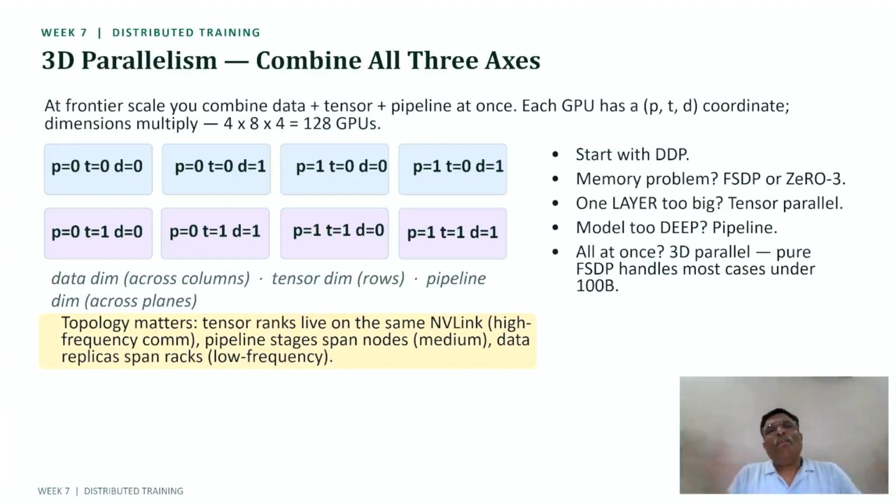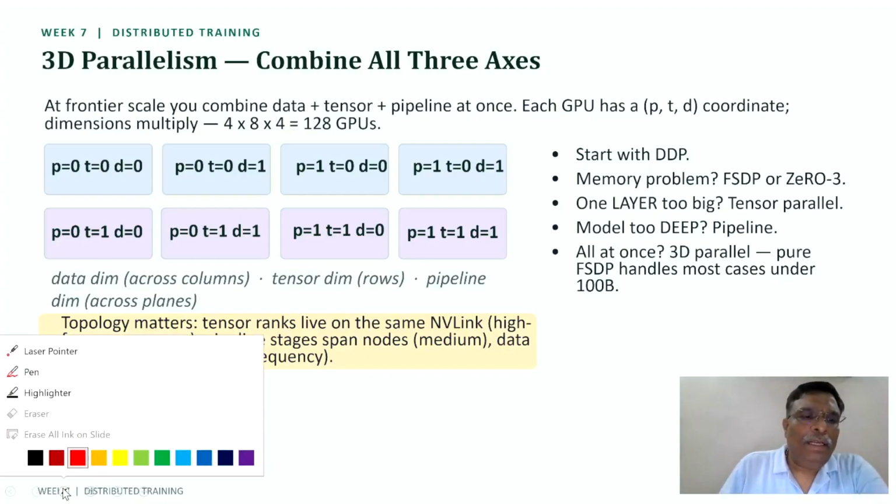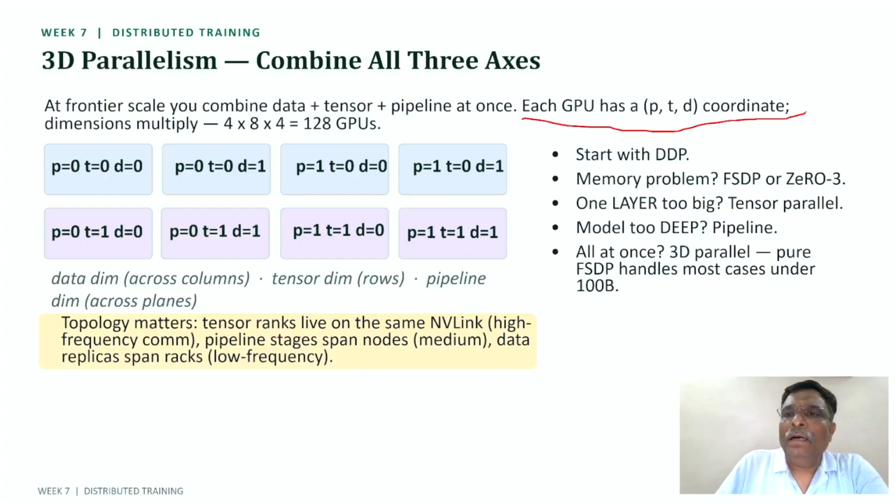We can combine all of these three things again. So at present, at the frontier scale, we can combine the data, the tensor, and the pipeline at once. So we can assume that each GPU basically has a PTD coordinate. That basically means a pipeline, tensor, and data coordinate. And we can have the dimensions multiply, and we get 4 into 8 into 8, and we can split that and run it on 128 GPUs, right?